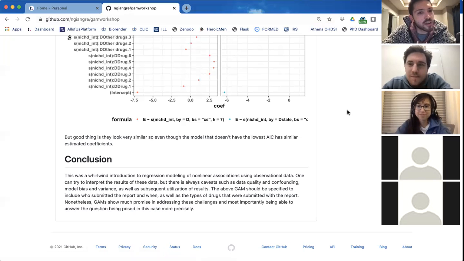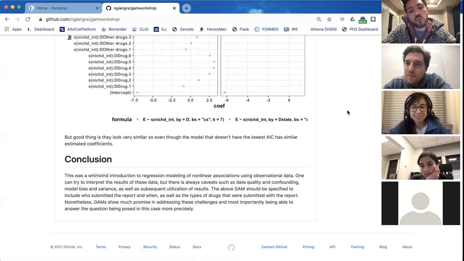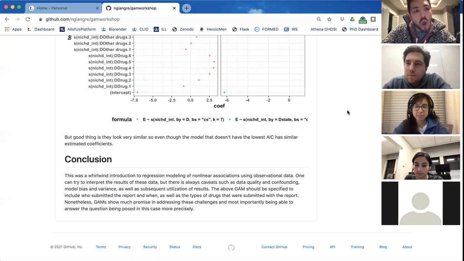Thanks for giving me a good time to breathe. Yeah, so I hope you learned something today, and I know not everything is probably correct or well specified here. But this just shows the different options you have when you model things and want to extract relationships from data.